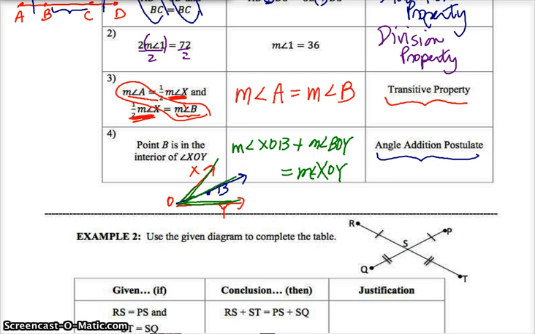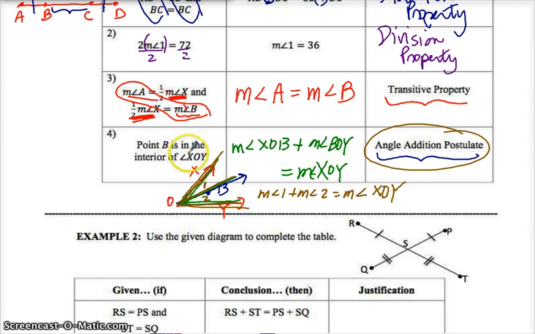Right? So this measure of angle 1 plus the measure of angle 2 equals the measure of angle XOY. So this part plus this part equals the whole thing. That's what the angle addition postulate tells us, so we should be able to conclude that from this statement right here.